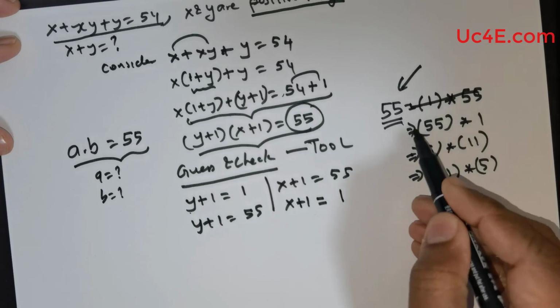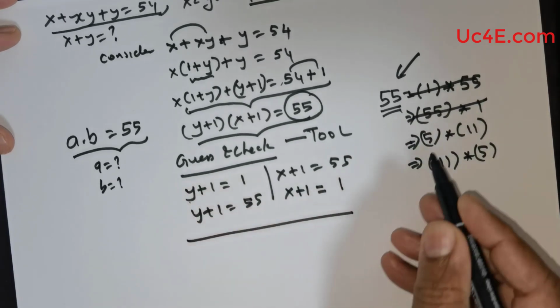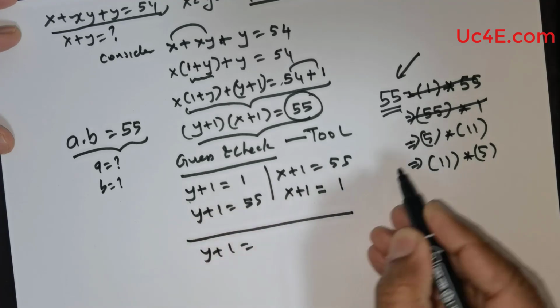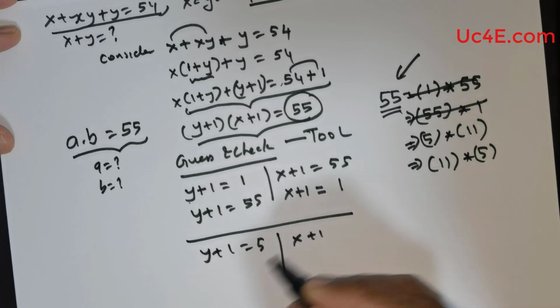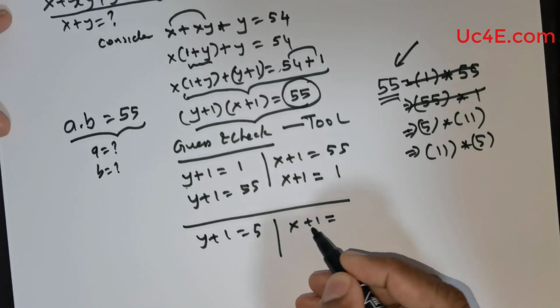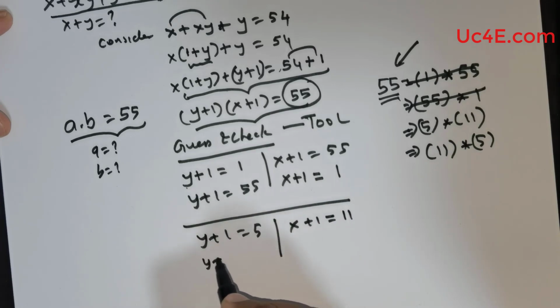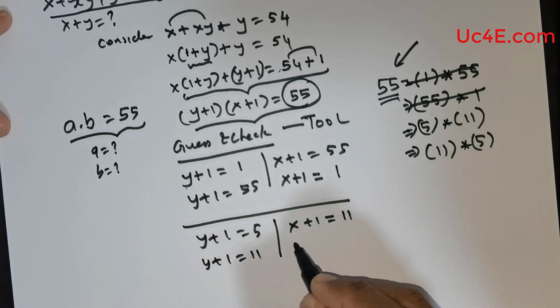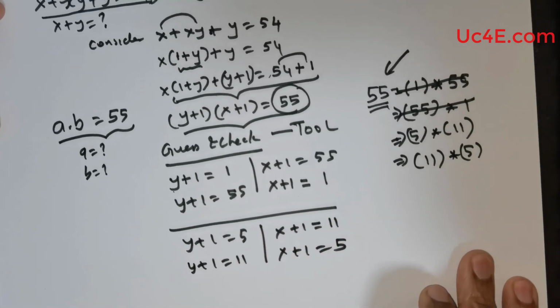So I have basically removed these two options out. Now having got this option, the next one is y + 1 should be equal to 5, and x + 1 would be equal to 11, and on the other end y + 1 would be equal to 11 and x + 1 is equal to 5. So these are the options. We have exhausted all this.